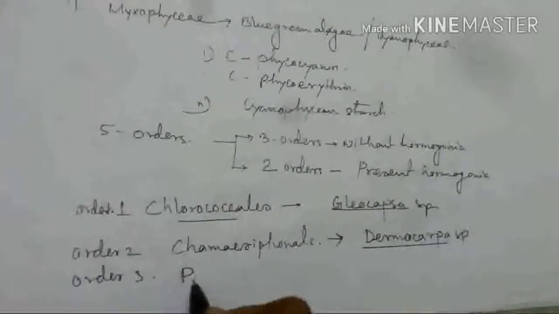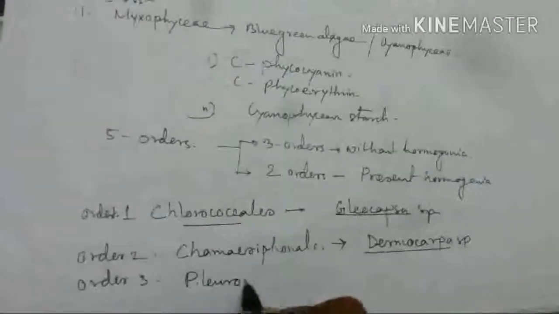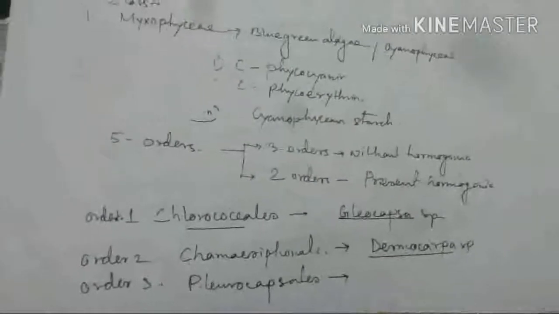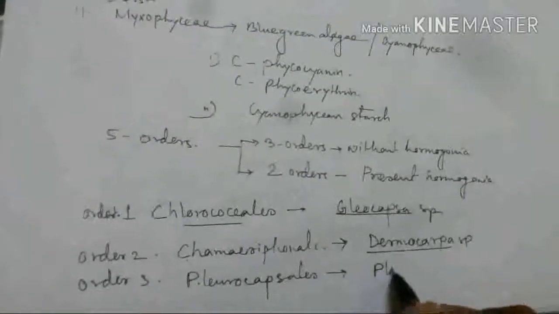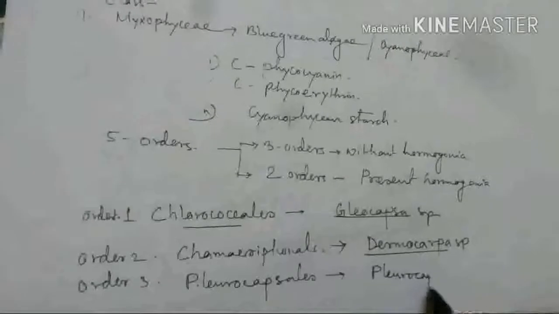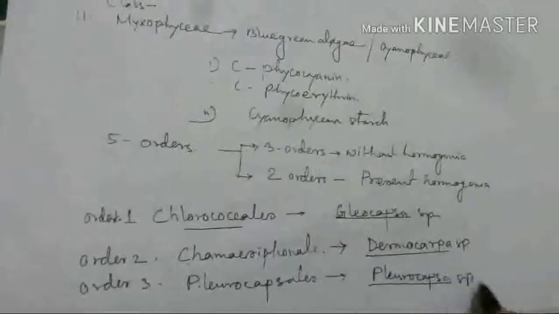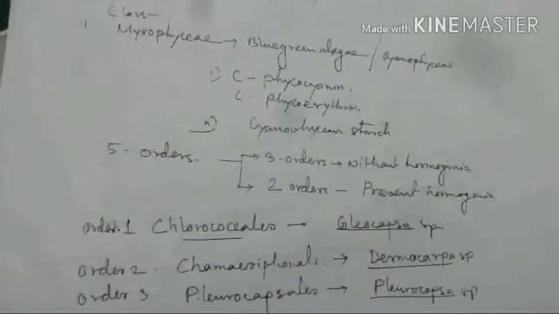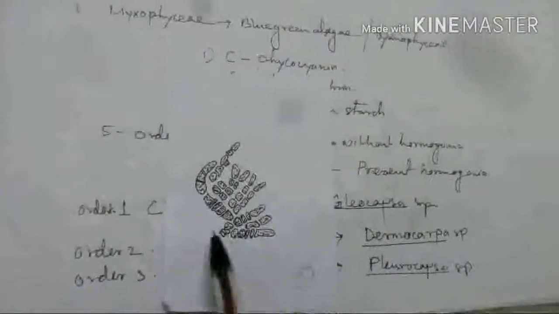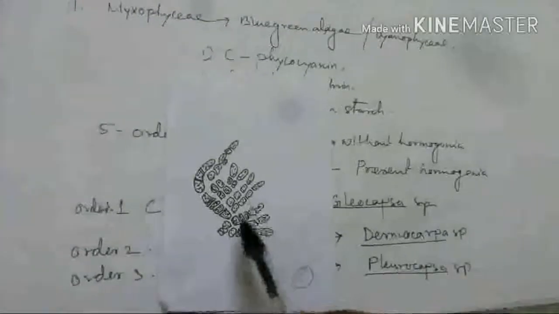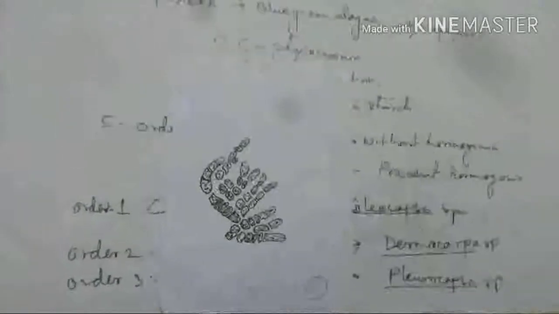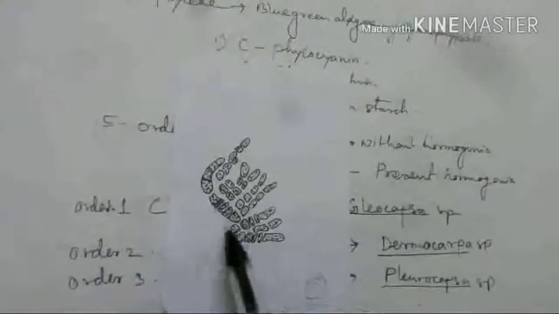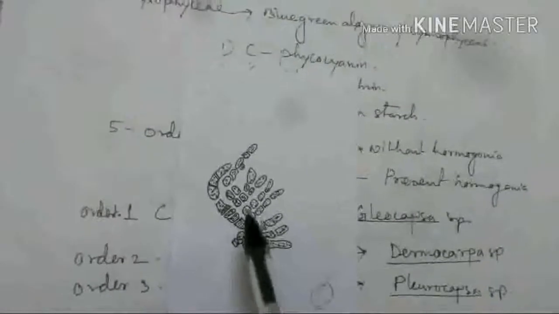Now order 3 is Pleurocapsales, and an example of this order is Pleurocapsa algae. This algae is also unicellular, but here we found binary fission occurs, and it looks like a branch shaped algae.